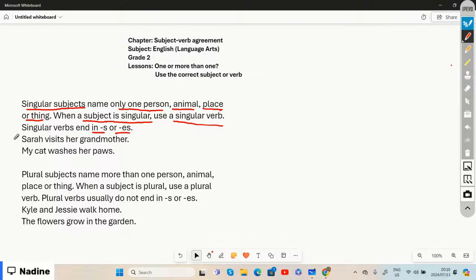If we look at an example of a singular subject with a singular verb that ends with s or es, it says Sarah visits her grandmother. And we say my cat washes her paws, and as you can see, we add in es.